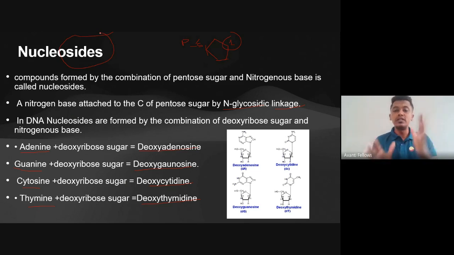So first, a sugar group and a nitrogen base attach at the first carbon atom of your pentose sugar, through N glycosidic linkage. After attachment, they become a nucleoside. The names of the nucleosides are deoxyadenosine, deoxyguanosine, deoxycytidine, and deoxythymidine.